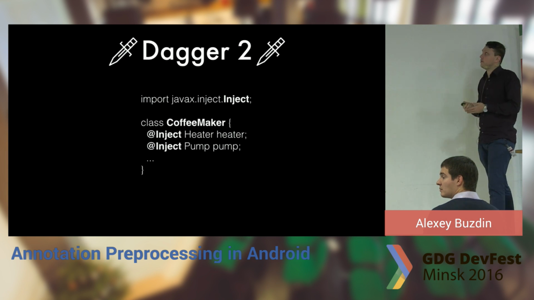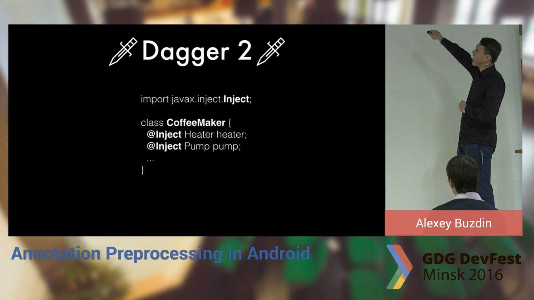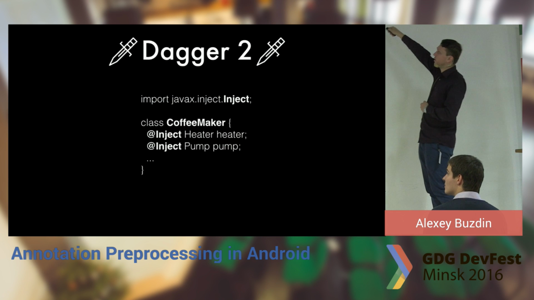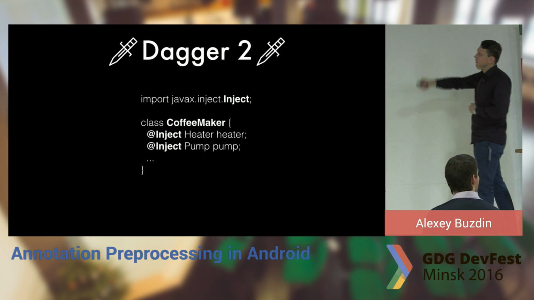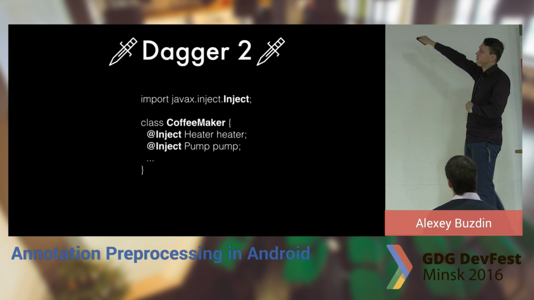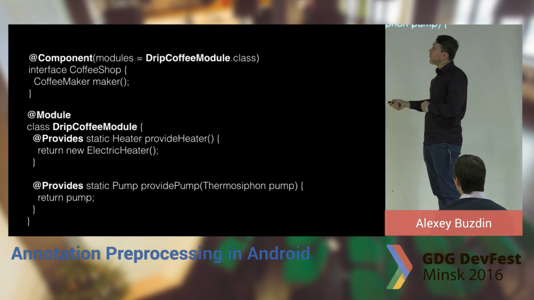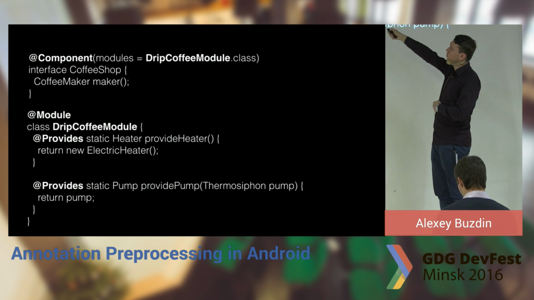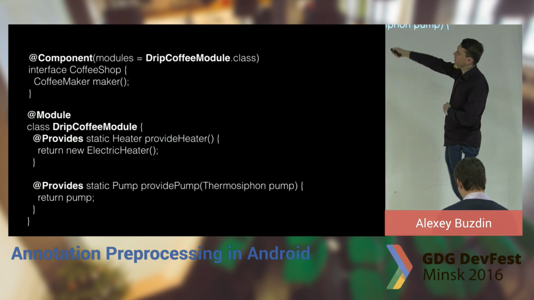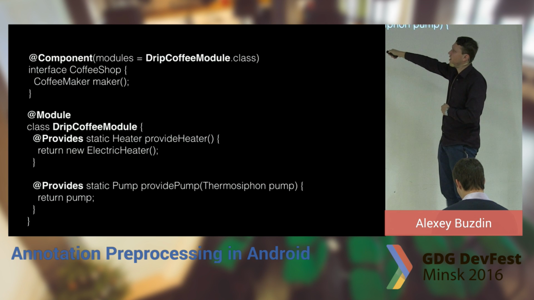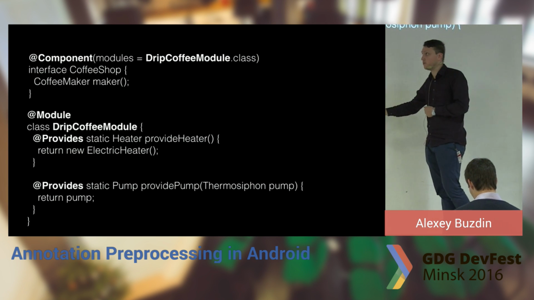And basically, to repeat, what does it do? You can have a class, you can have inject annotations, and then Dagger will inject correct instances into those inject annotations. How can it do it? We have a component, we have a module. A module describes what type of dependency bindings we have.